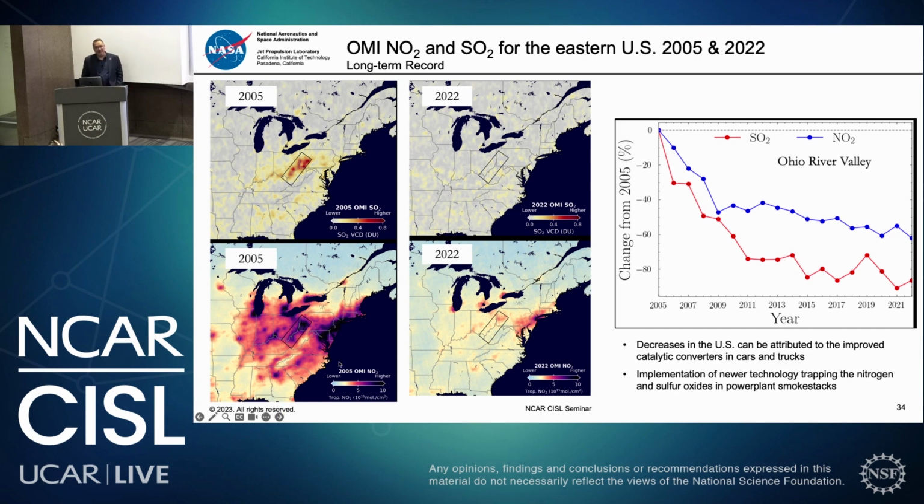Are we making a difference in terms of all the policies, for example? This is looking at measurements of NO2 and SO2 between 2005 and 2022 over the Ohio River Basin, and you can see that there's definitely a downward trend. This means that things are improving, at least in the U.S. region.